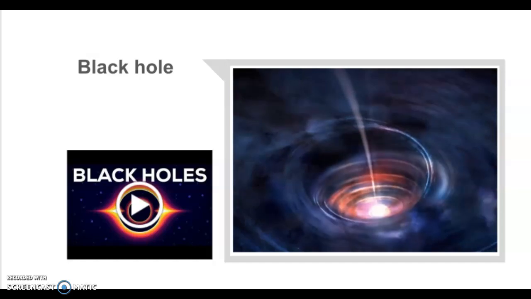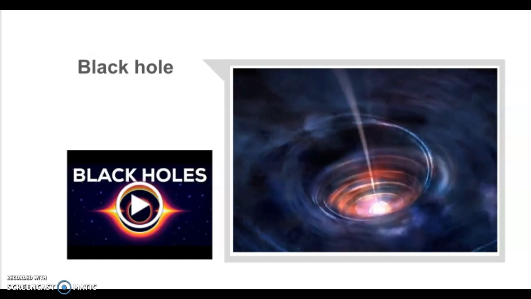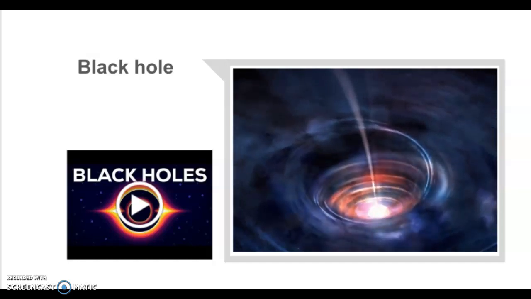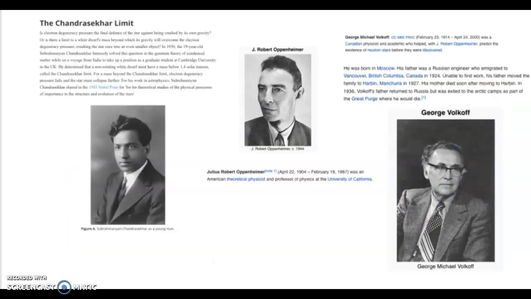But what I'm going to look at now is the actual numbers involved. So three names really stand out at this stage: Subrahmanyan Chandrasekhar, Robert Oppenheimer, and George Volkoff. These three are the ones who pretty much delineated the sizes at which these stages occur.